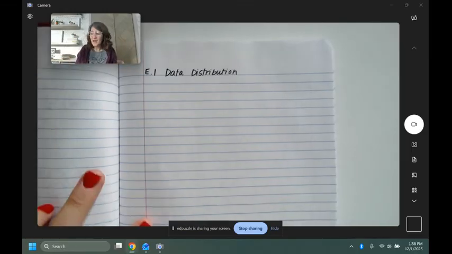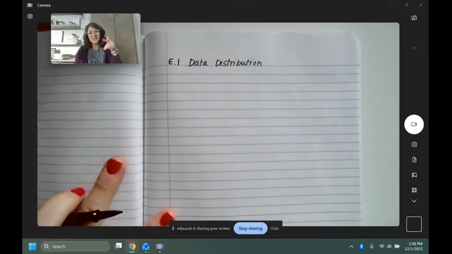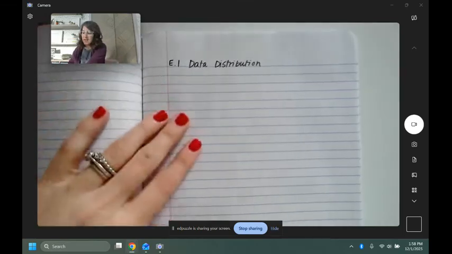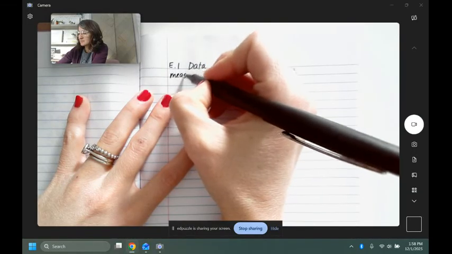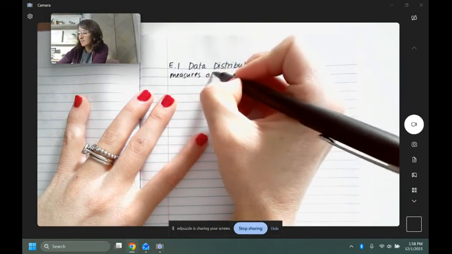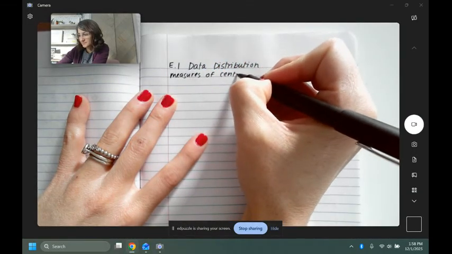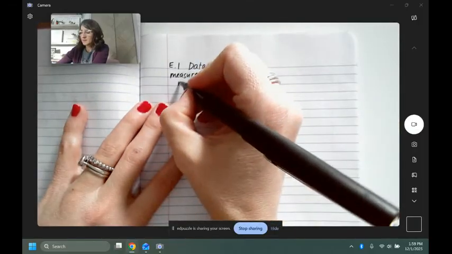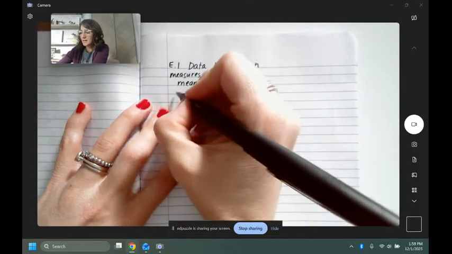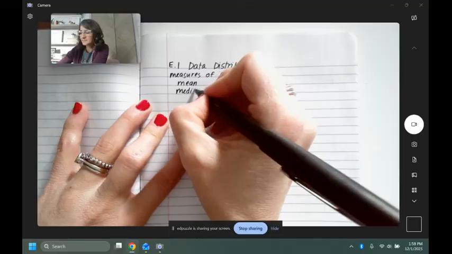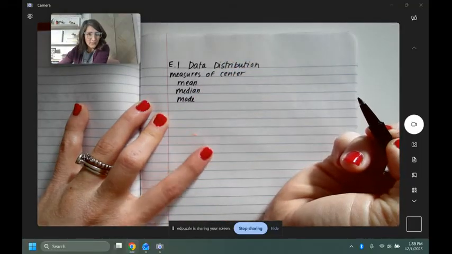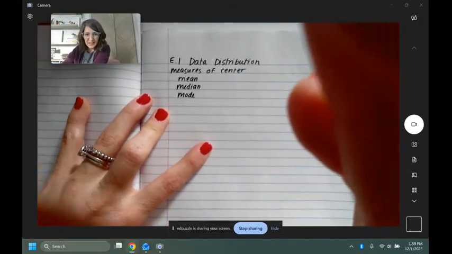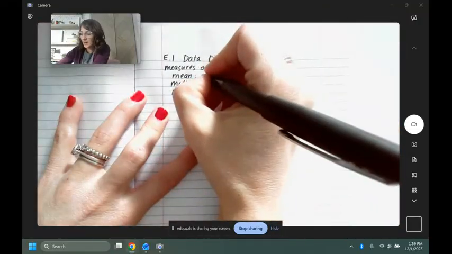100%. So we're going to take a look at kind of two different types of graphs today. And we're going to look at some different measures of center. So that's going to be your mean, median, and mode. These should sound familiar. So the mean is your average.